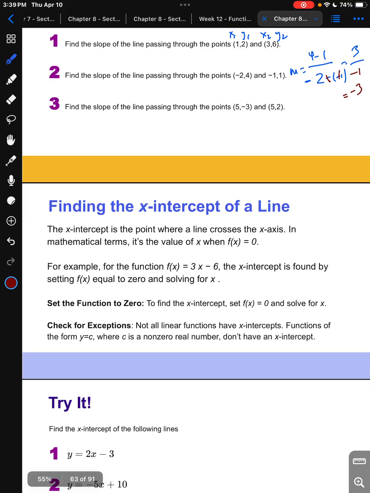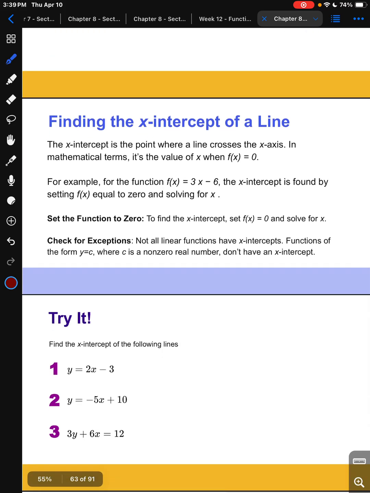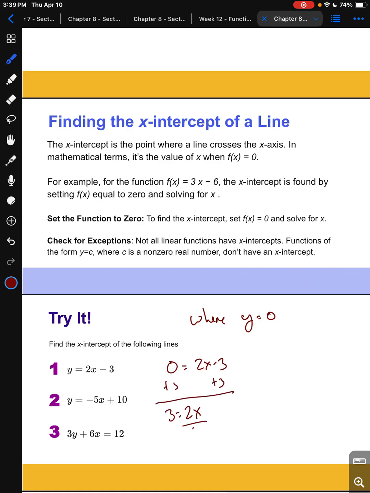Okay, to find the x-intercepts of a line, you let y equal 0. So to find the x-intercept, I'm going to find out where y equals 0. So this first one, 0 equals 2x minus 3. Add 3. So 3 is equal to 2x. So 3 halves equals x.